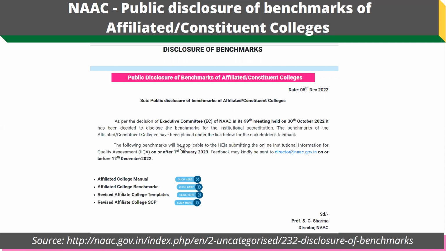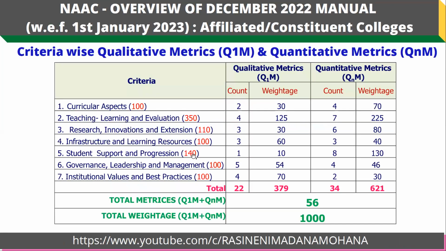Whoever submitted or is going to submit your IIQA on 1st January 2023. Now, today's date is 5th January. So, from now onwards, whoever is going to submit your IIQA, the new manual is applicable for all of us. Now let us move to our criterion 4.